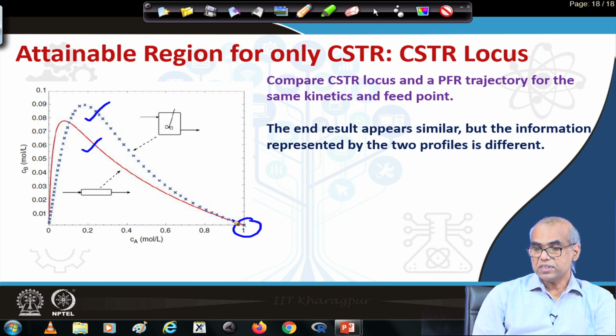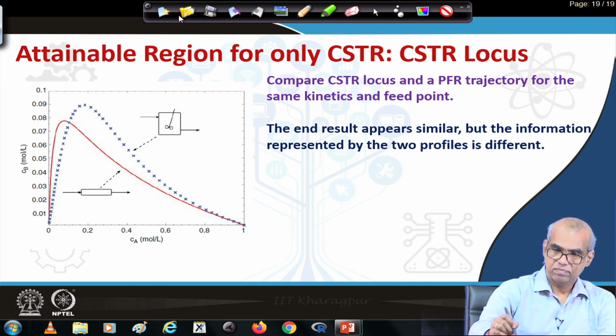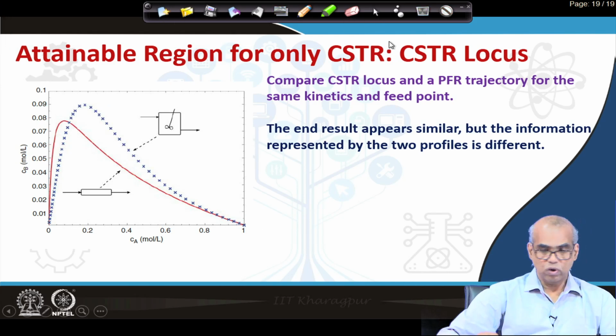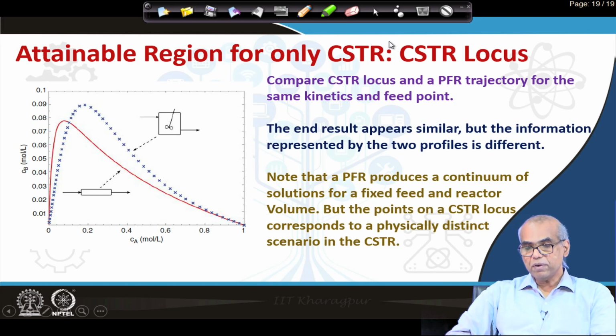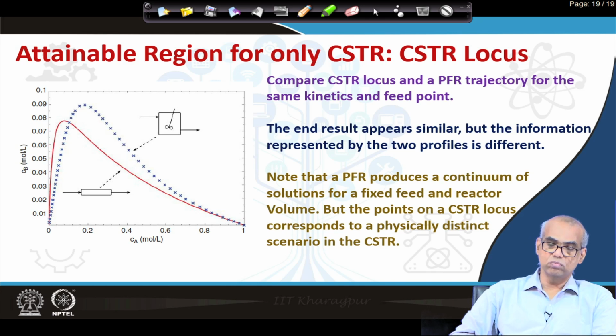The end result appears similar, but the information represented by the two profiles is quite different. What is the difference? The PFR produces a continuum of solutions for a fixed feed and reactor volume, but the points on a CSTR locus correspond to a physically distinct scenario in the CSTR.